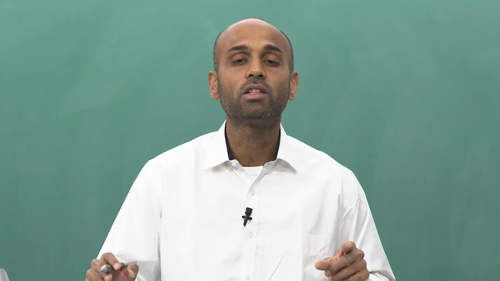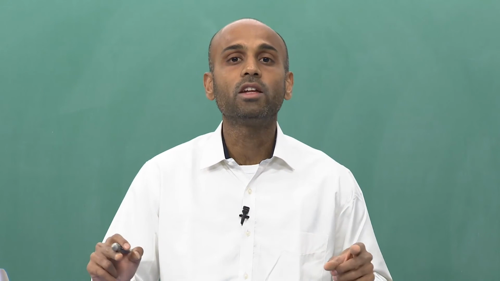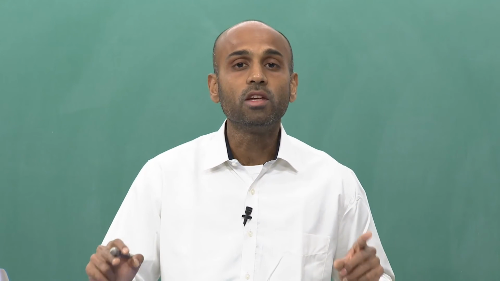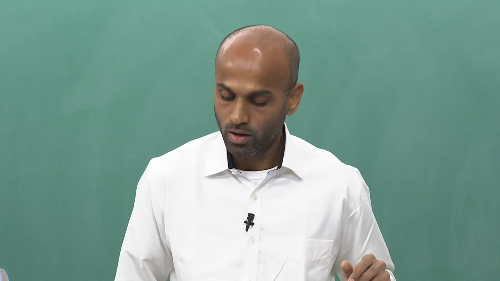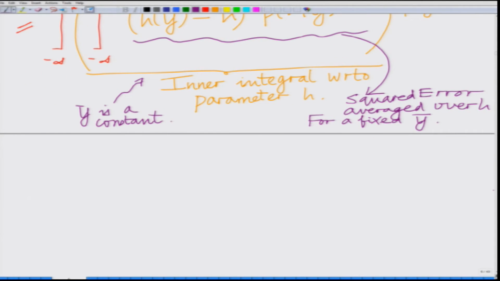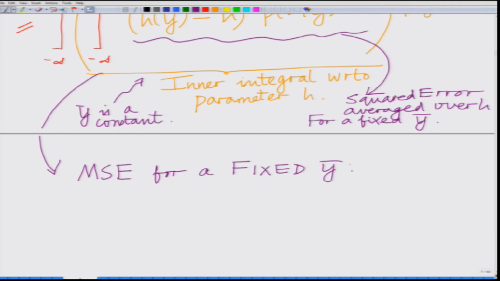So, the inner integral is the mean squared error averaged with respect to h, that is, the MSE for a fixed observation vector y bar. That is the first important point to keep in mind, okay.